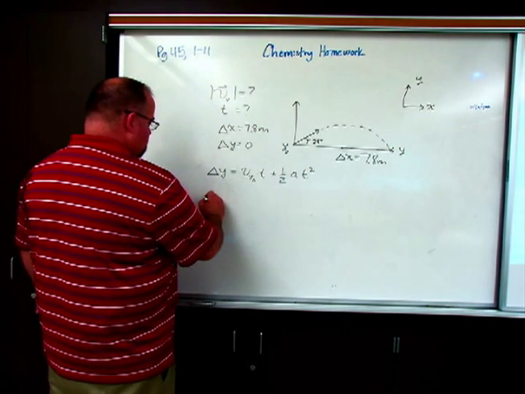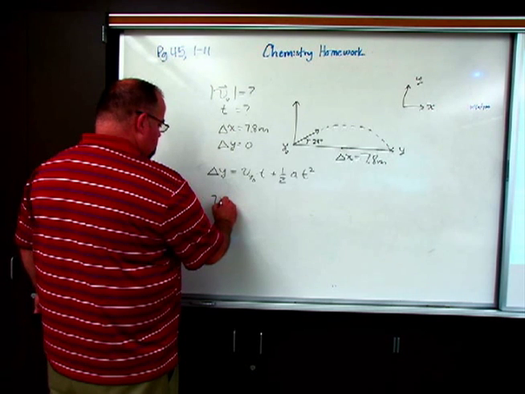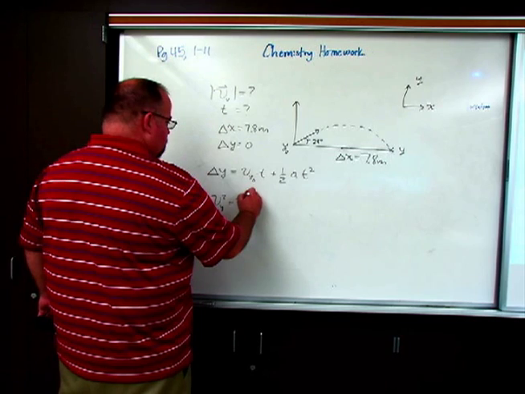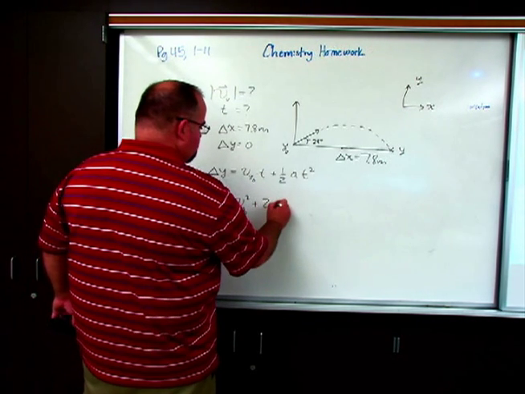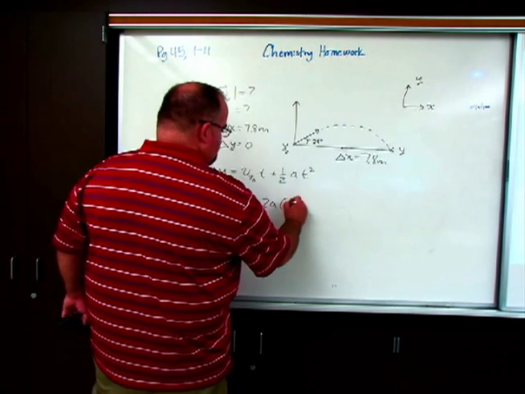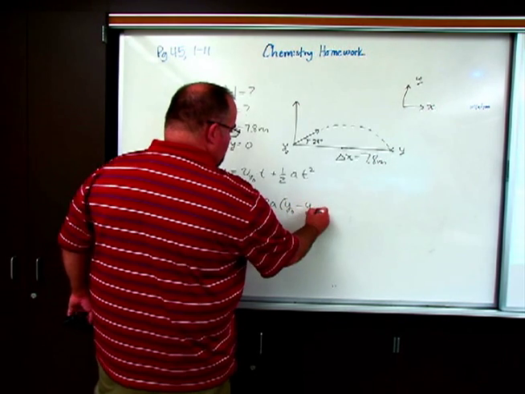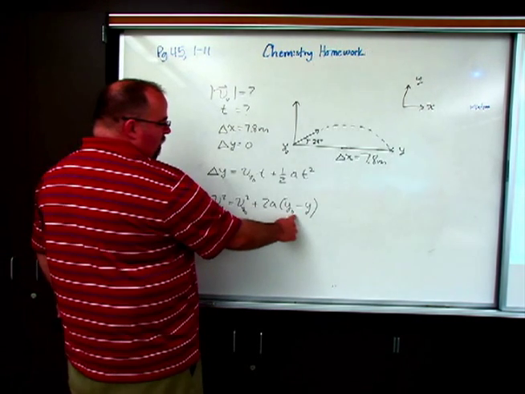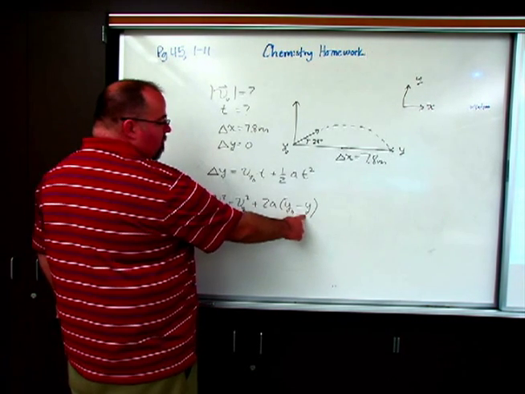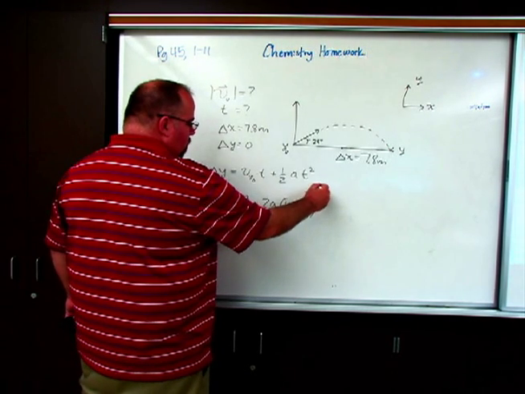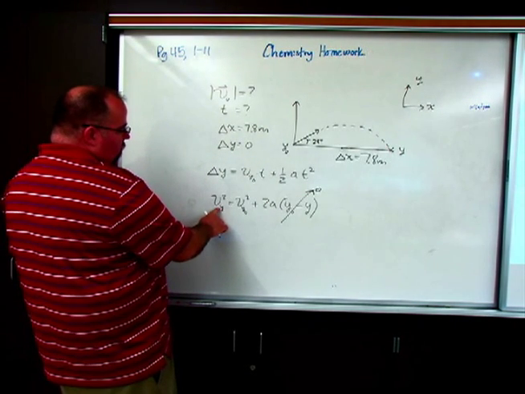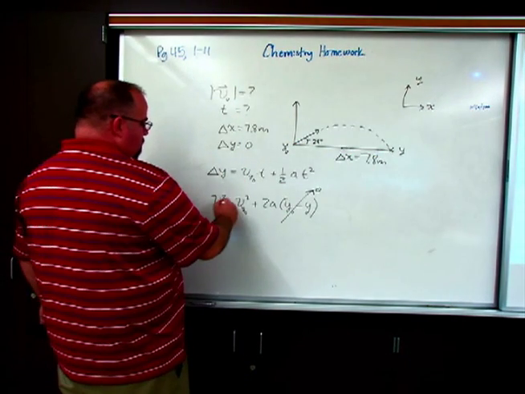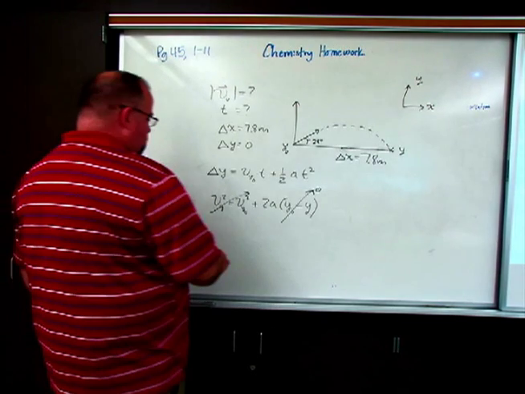Then our second equation, v sub y squared equals v y sub 0 squared plus 2 times the acceleration times y minus y0. Now this equation is not very useful to us because since y sub 0 and y are equal, this whole thing goes to 0, and we already know that the initial velocity here is going to equal the final velocity over here. So this is not a very useful equation for solving this problem.